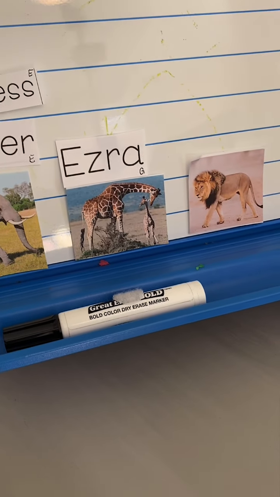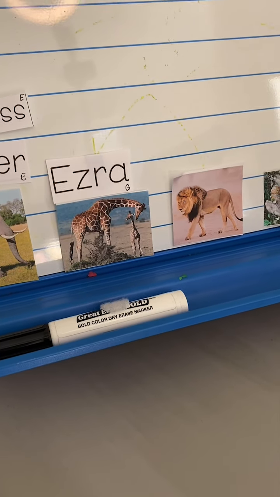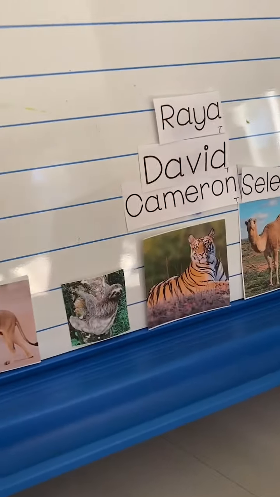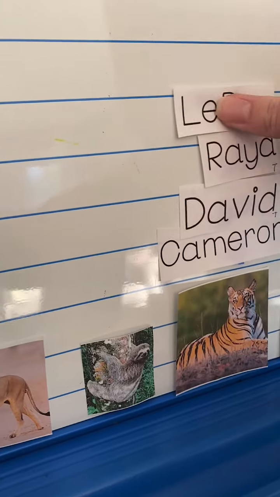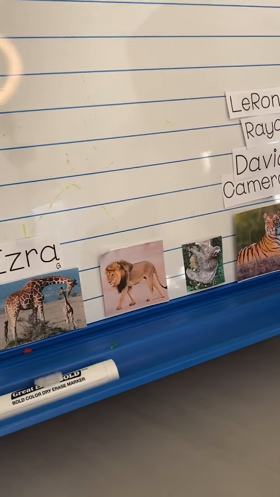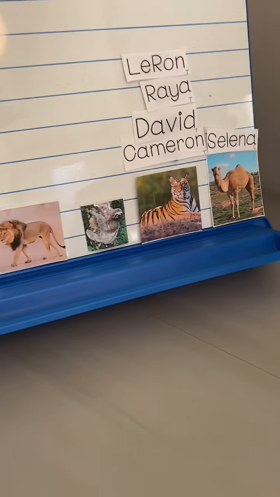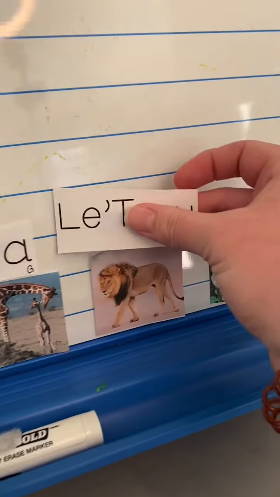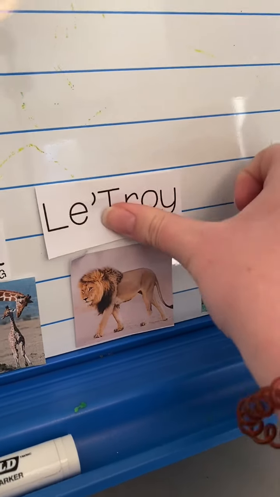Giraffes are really tall. Now we're moving on to my friend LaRon. LaRon likes tigers too. Now we're moving on to my friend LaTroy. My friend LaTroy likes lions.